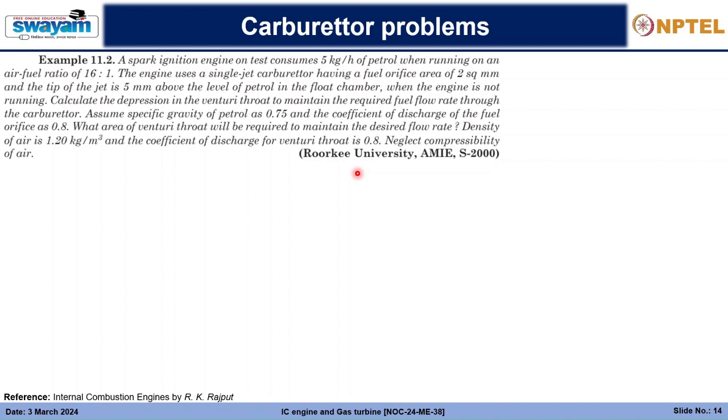What area of venturi throat will be required to maintain the desired flow rate? Density of air is given as 1.2 kg per meter cube and coefficient of discharge for the venturi throat is 0.8. We have to neglect the compressibility of air. So since we neglect the compressibility of air, we will directly focus on the approximate method.